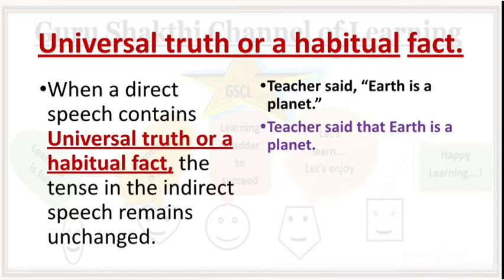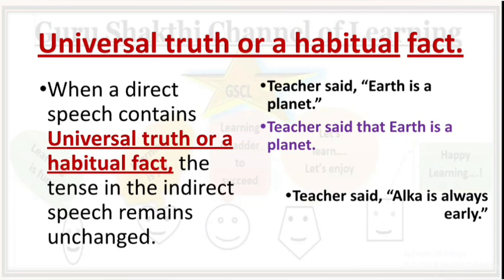Notice over here, teacher said that Earth is a planet. Earth is a planet is a universal truth, and universal truths are always mentioned in simple present tense form. And over here, it is not converted into past tense form.